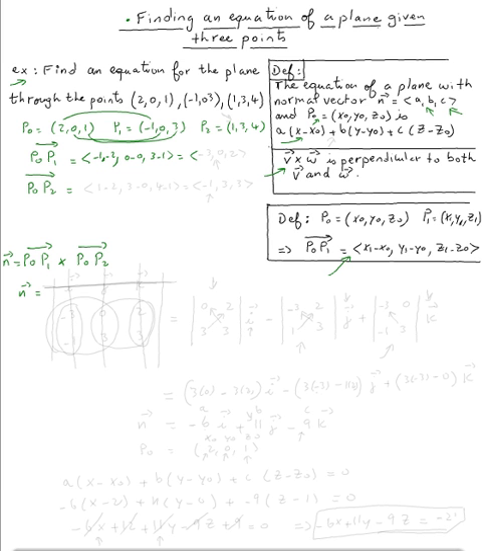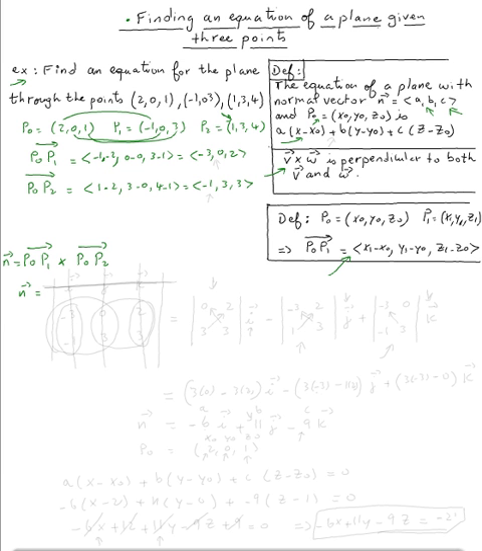So this vector is actually (-3, 0, 2). Now same reasoning for P0P2, we use P2 this time. So it's going to be 1 minus 2, 3 minus 0, 4 minus 1. So our vector is (-1, 3, 3).